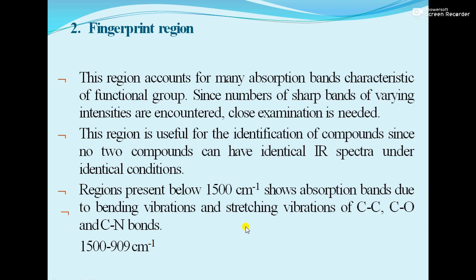This is a very important part. This region is not useful in interpretation, but it can be used for the identification of compounds because it is a fingerprint of the unknown compound.